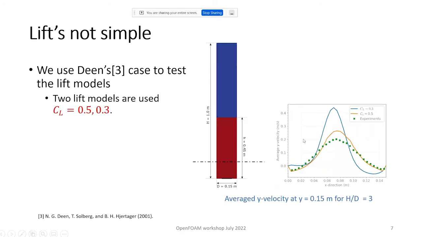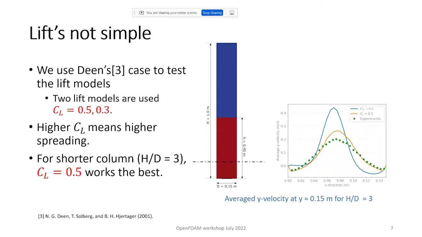For the shorter column height, we can see that CL equals 0.5 is much closer to the experiments compared to CL equals 0.3. Already we are seeing that the Tomiyama model doesn't work in this case. And of course, higher CL means higher spreading, which is obvious.